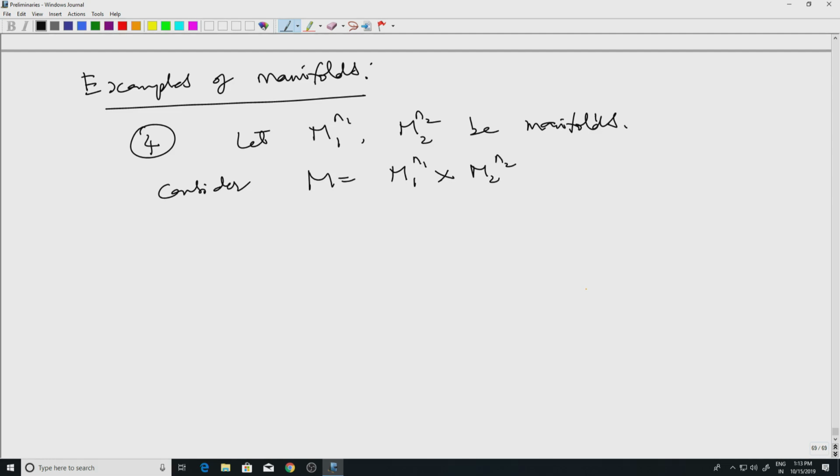To begin with, we have to put a topology on this, or if we regard M1 and M2 as metric spaces, we have to put a metric. We can come up with a metric on this. Now, in terms of topology, this would be with the product topology.